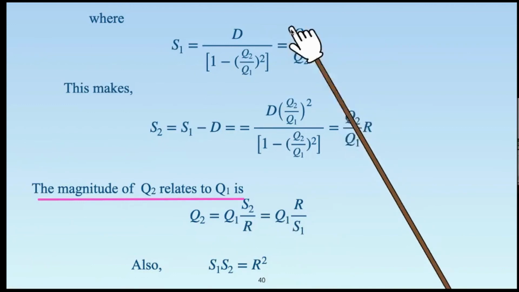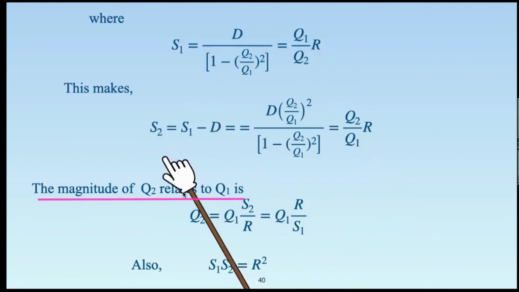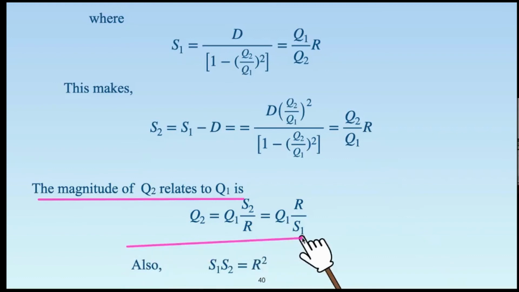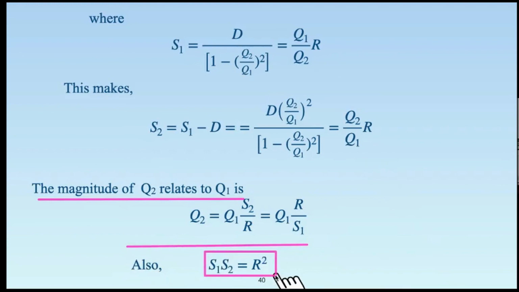Either way, because these two simple equations are there and we want to relate S1 and S2. Lastly, this equation reduces and we obtain that the product of S1 and S2 will be equal to R square, the radius of the zero potential spherical surface. So this is the basic derivation related to the field of a sphere gap.